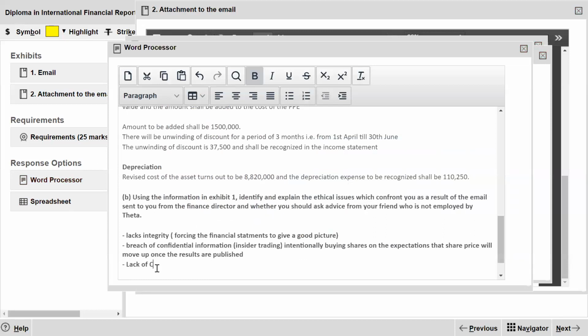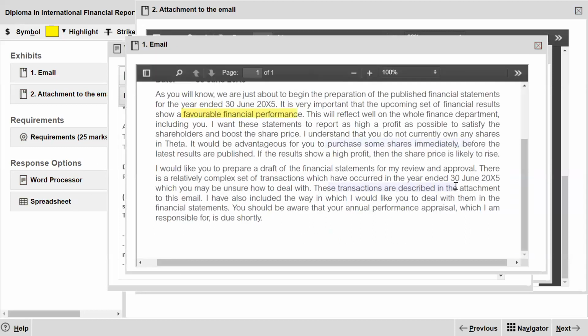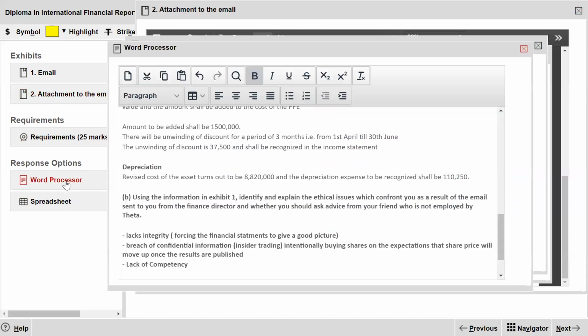Lack of competency. These transactions are described. I've also included the way in which I would like you to deal with them in the financials. You should be aware that your annual performance appraisal is due shortly. Now, that's basically the intimidation threat also.